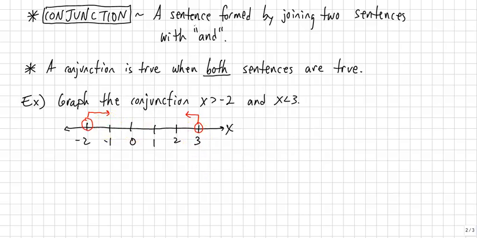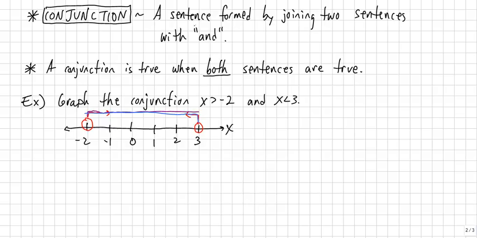So one way you could think of that is these were all the numbers bigger than -2, and then these were all the numbers less than 3. So visually, we'd be talking about where the two overlap each other. So they overlap each other right here.